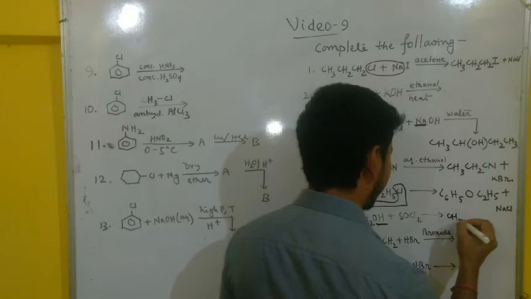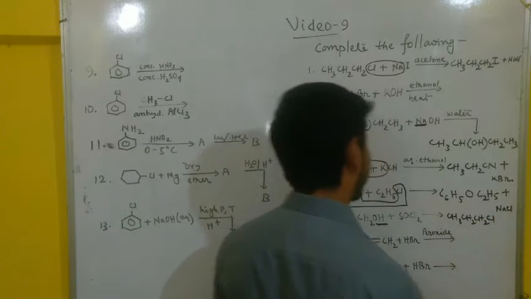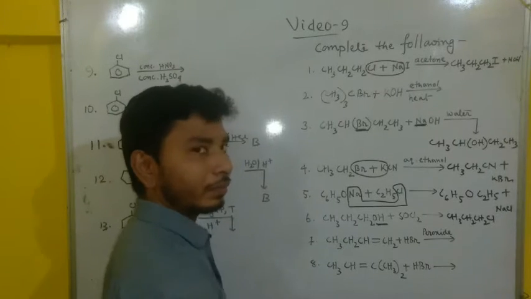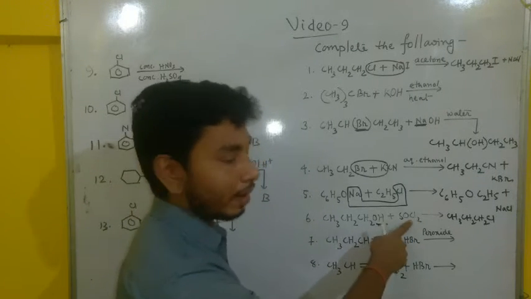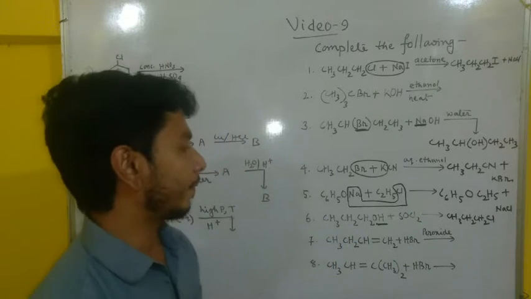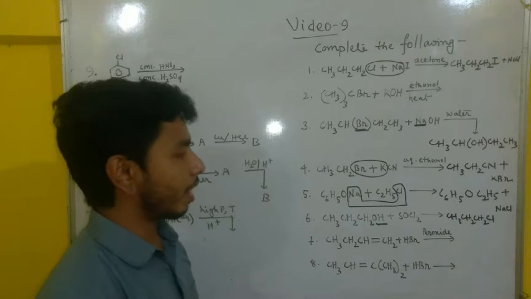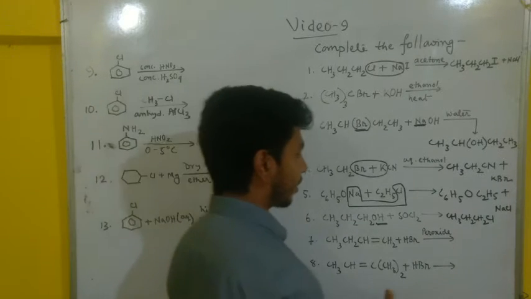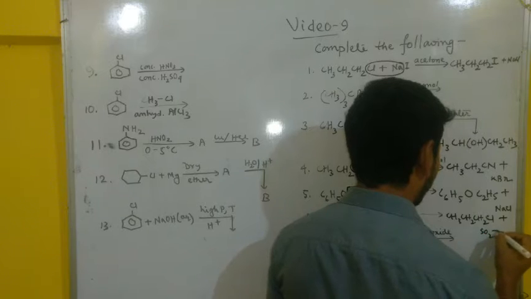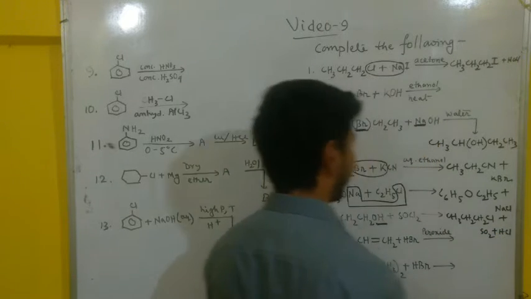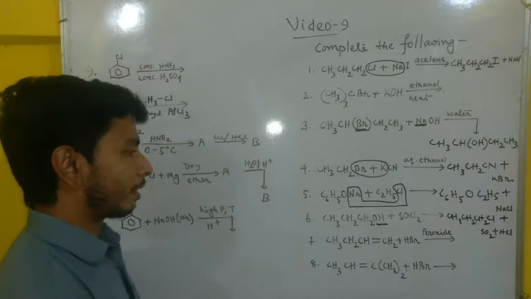So now it is CH3CH2CH2Cl. Using SOCl2 or PCl5 or PCl3, the OH group is substituted by chloride. And the side product is SO2 plus HCl. Now next reaction.